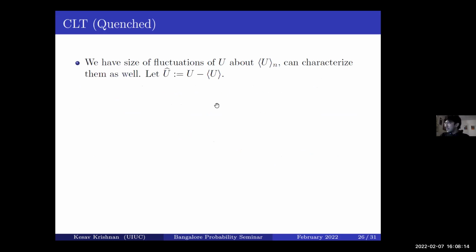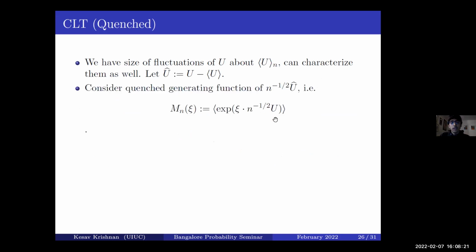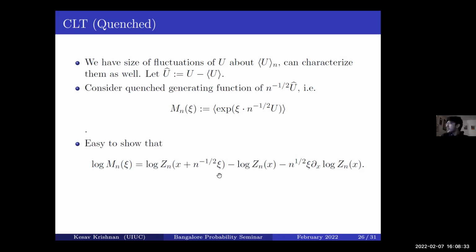So we've characterized what the variance of U looks like, what the quenched variance looks like. Now we want to characterize the fluctuations as well, and to that end, we consider the generating function of U. What you can show is that the log of the generating function has a neat expression in terms of shifting the parameter x by a small factor, looking at the difference of what happens when you shift that parameter.